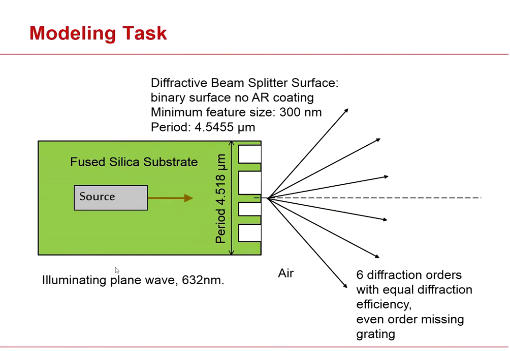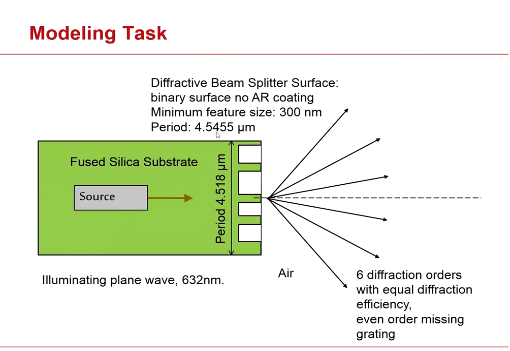Yes, so this is the setup which we want to investigate. So we have a light source of 632 nanometers, and what we actually would like to design here is the surface structure of this beam splitter. So we have, after all, a periodic structure. Here is the period.